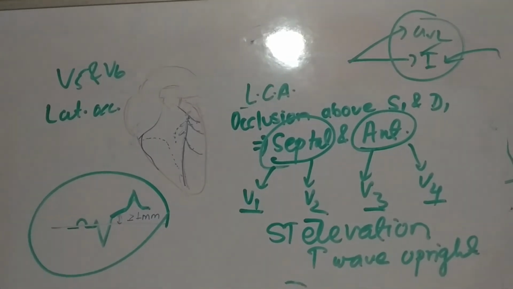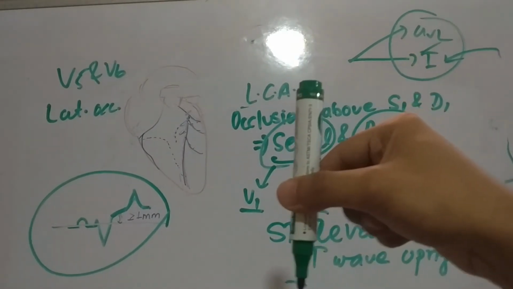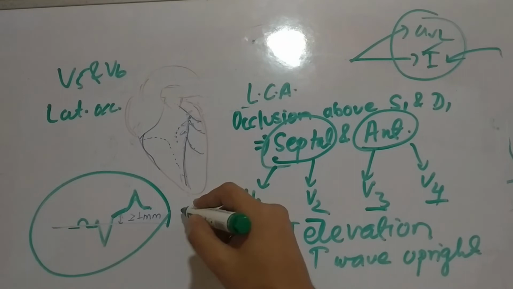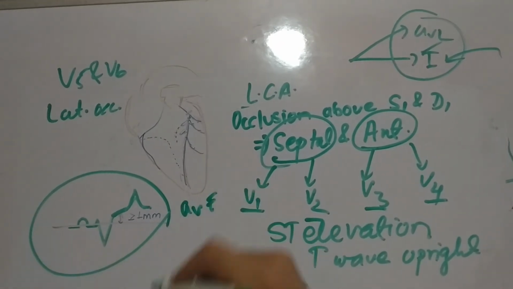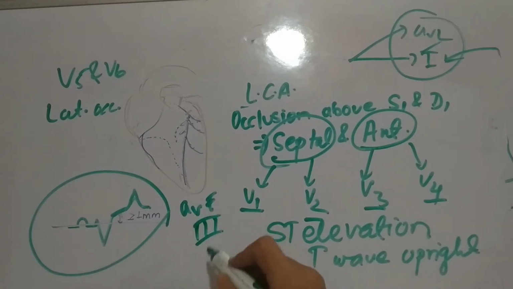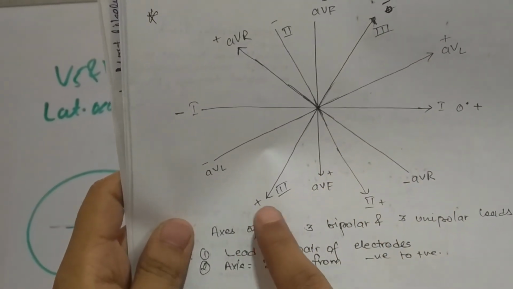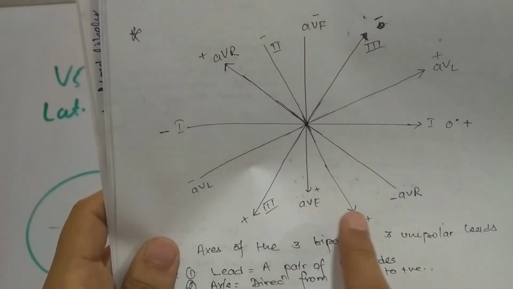The inferior leads are, as we have already discussed, AVF, lead 3 and lead 2. Wait, let me draw one picture for you. So you see here, the inferior leads are 3rd, AVF and 2.